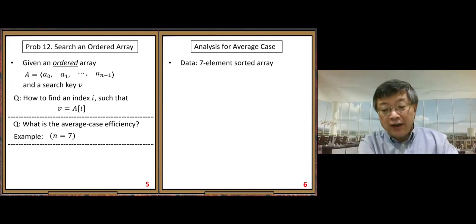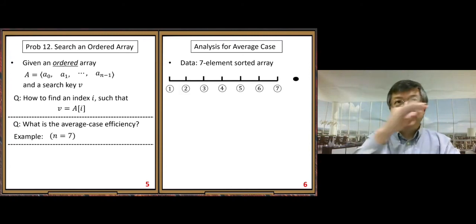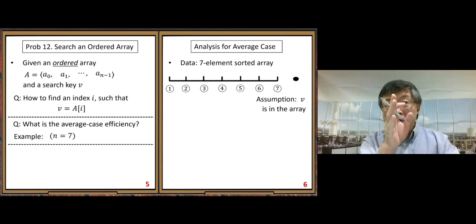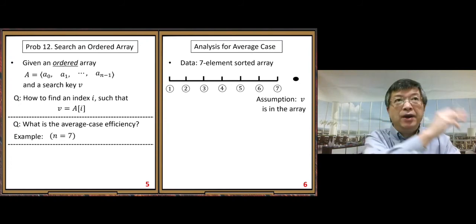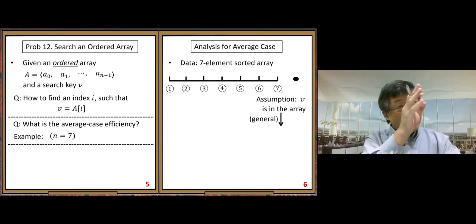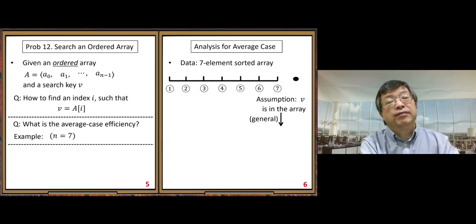The data is a 7-element sorted array. I use this diagram to represent these numbers. Then, when I do the comparison, I want to draw a binary tree. Let us make the assumption that V is in the array.